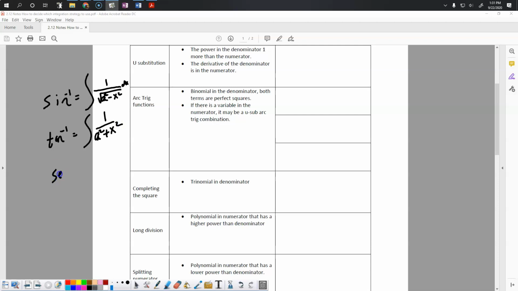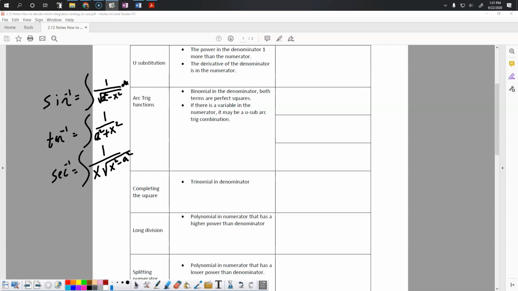And then arcsecant looks a little bit like the arcsine because it has that square root, but you have 2 squares being subtracted, and you'll have another variable on the outside of the radical, like that.